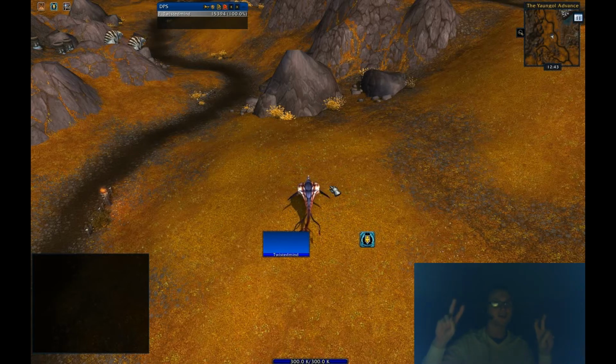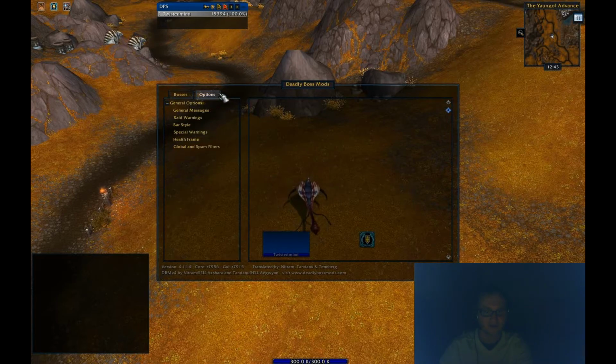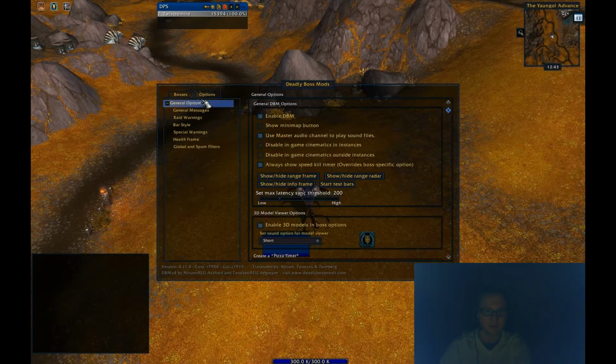Theoretically the human mind can only process about 7 things at a time. And this is on top of the normal things you're doing in an encounter. If you do have Deadly Boss Mods going, I also need to be looking at the timers as they're occurring.